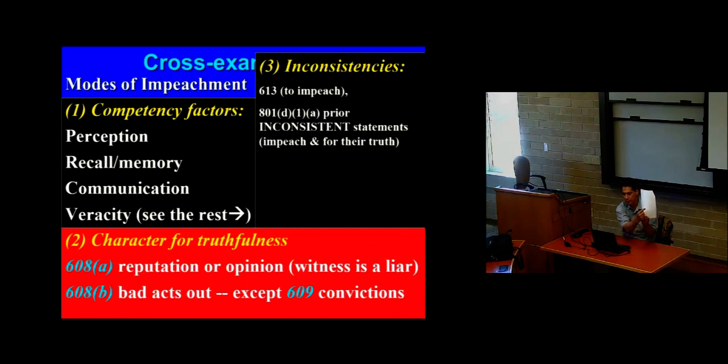I'm not trying to prove the truth of this, that you actually went to the February 19th meeting. Maybe I'll prove that another way, but I can't prove it with this. I can only use this to show that I caught you in a lie, and that the jury should think, hey, this person is not trustworthy because they've lied on the stand.